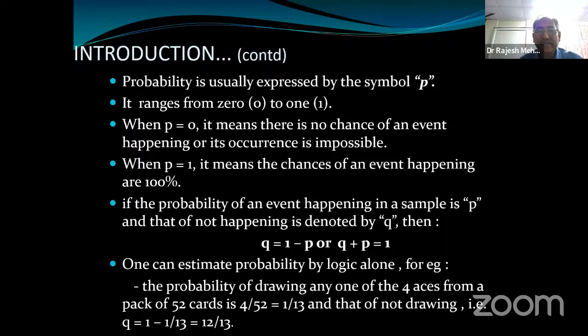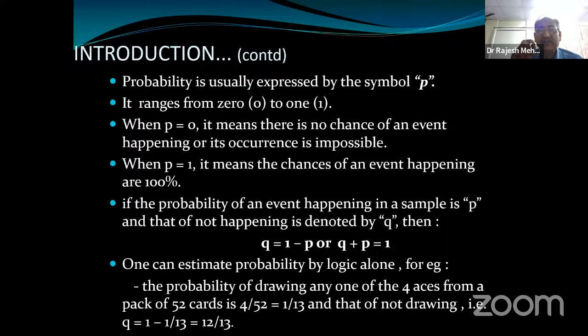One can estimate probability by logic alone. For example, the probability of drawing any one of the four aces from a pack of 52 cards is 4 out of 52. If you randomly pick, there are four aces out of 52 cards, so 4 out of 52, that means 1 out of 13.